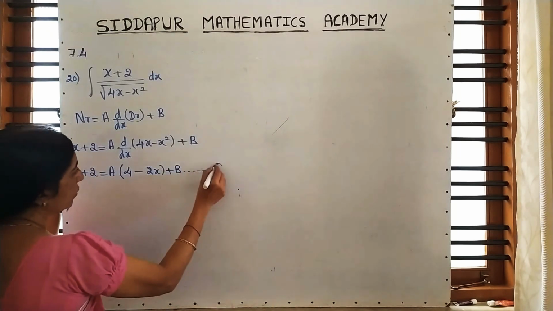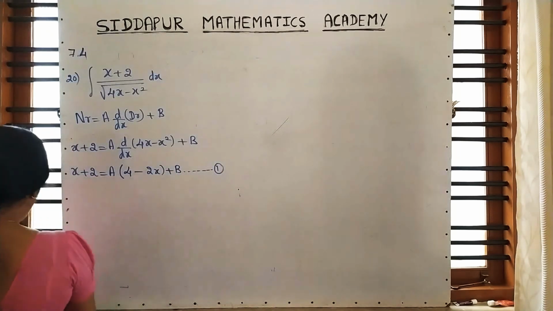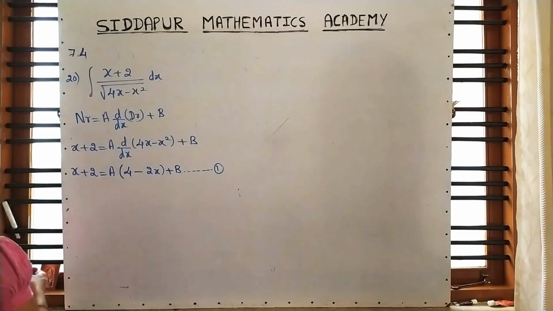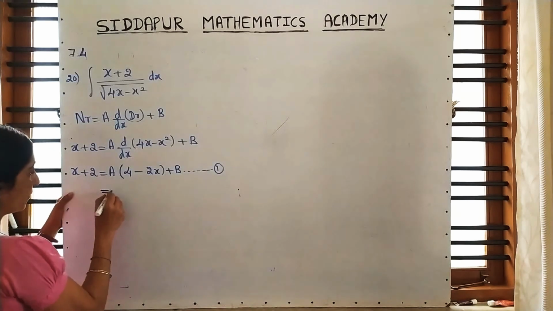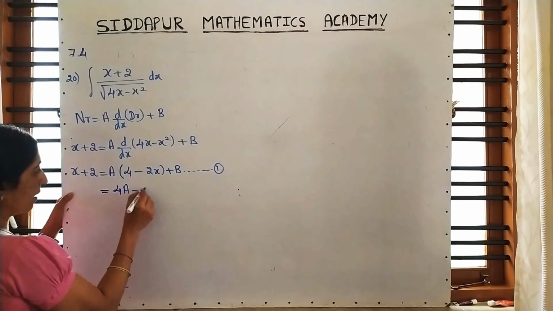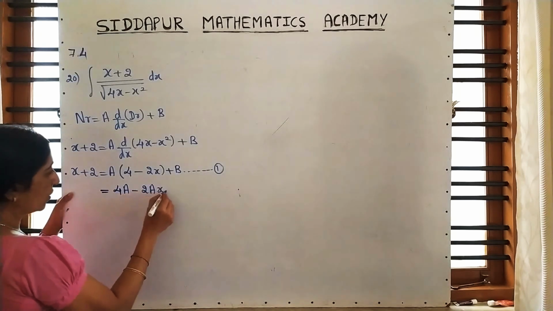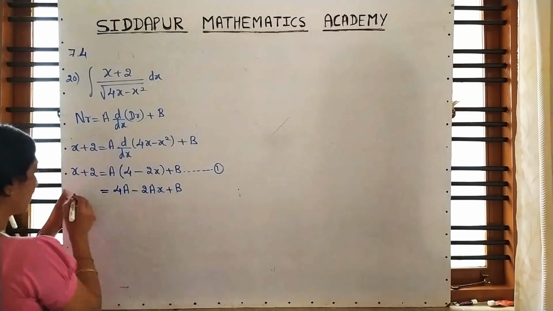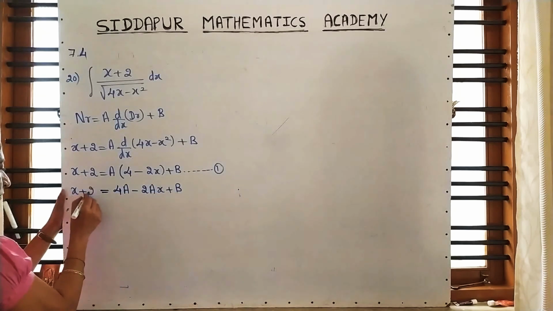This is equation 1. Now, before comparing the coefficients, remove the bracket: 4a minus 2ax plus b. This is x plus 2.